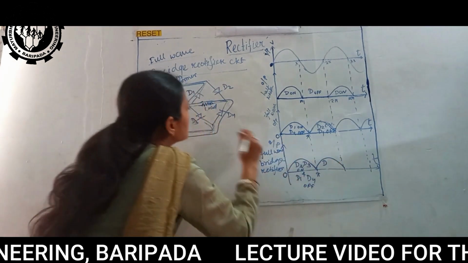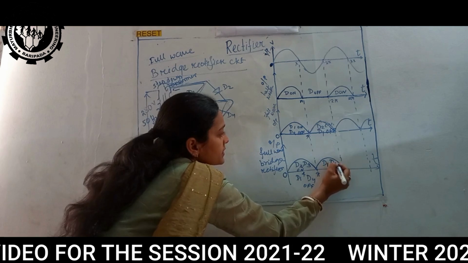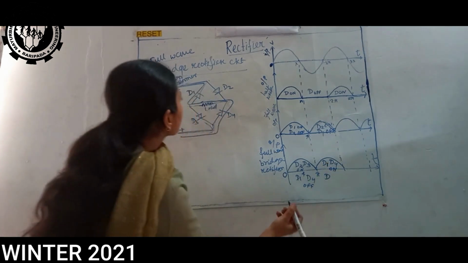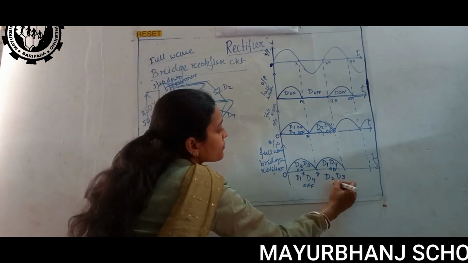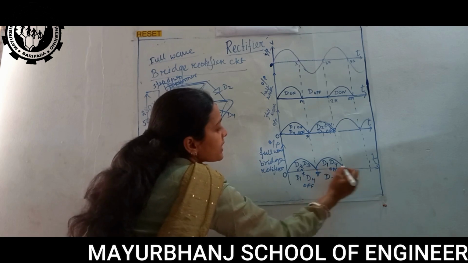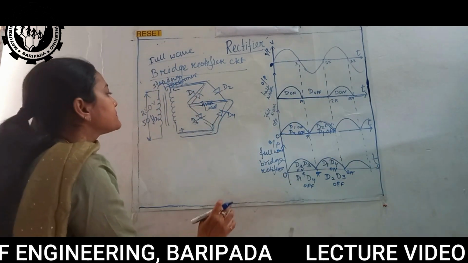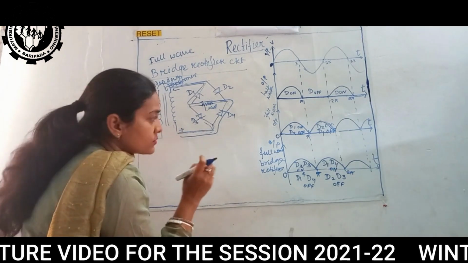So here D1, D4 are conducting, D1 and D4 on simultaneously, D2, D3 off. This is from pi to 2 pi. It continues as on. So we can note down some points.